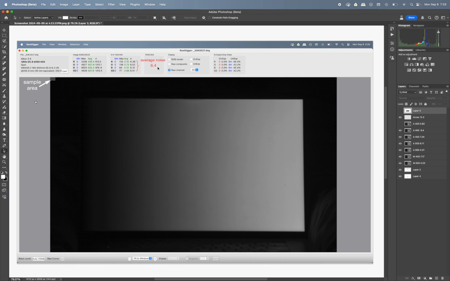And this had an average noise of 6.4, increasing slightly as we would expect. I moved it over again to where on this camera it said ISO 500. However, this image also reported as ISO 450 on playback. And in this case, the noise has increased again.